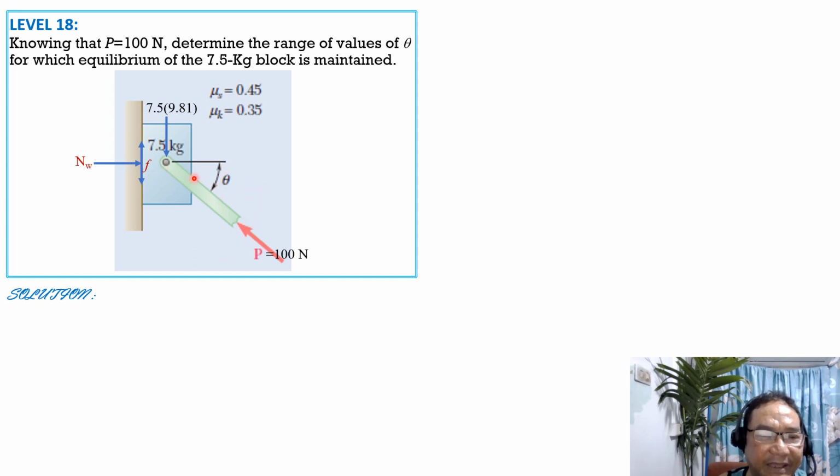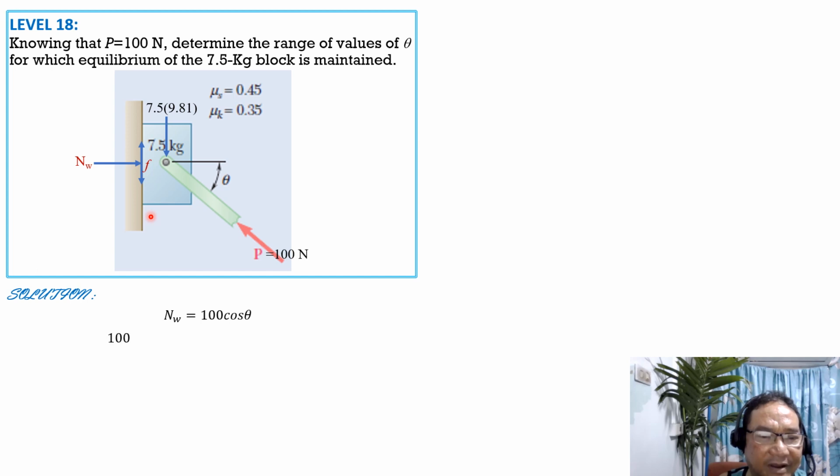So for minimum theta, friction should be upward, so that summation forces horizontal gives the normal reaction on the wall. So normal reaction on the wall equals 100 cosine of theta. Then for the equation, summation forces y equals 0.